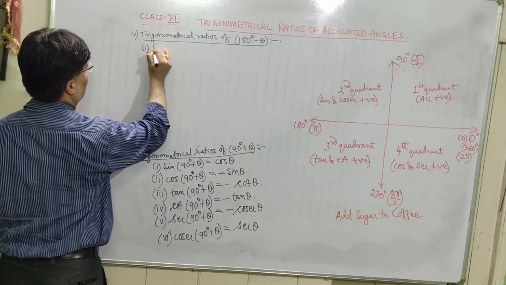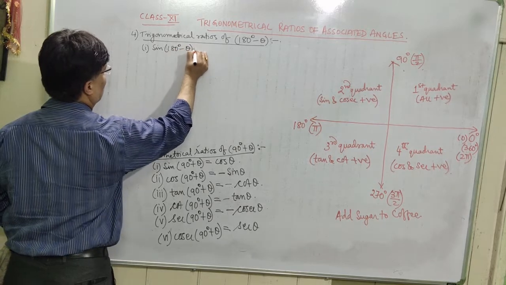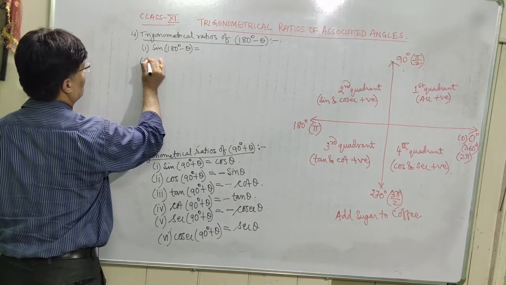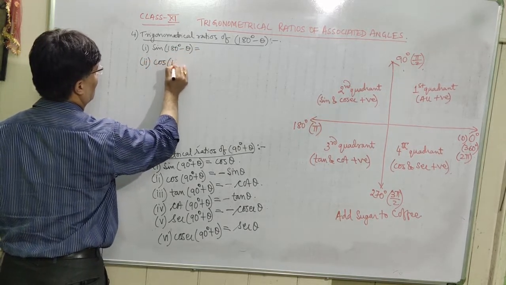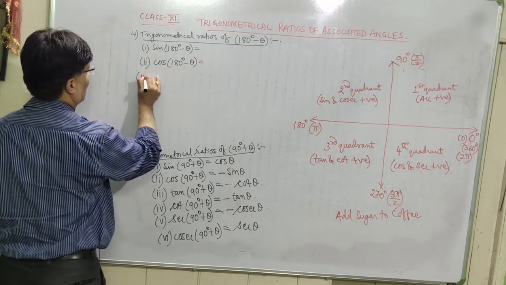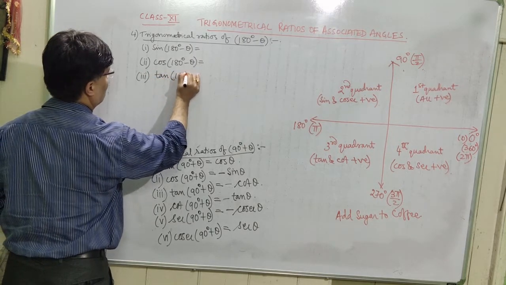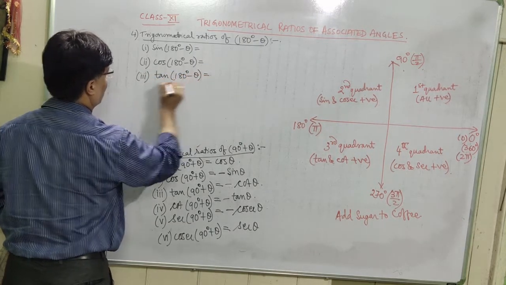So number 1, sine 180 degree minus theta. Number 2, cos 180 degree minus theta. Number 3, tan 180 degree minus theta.